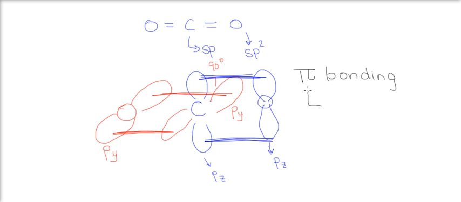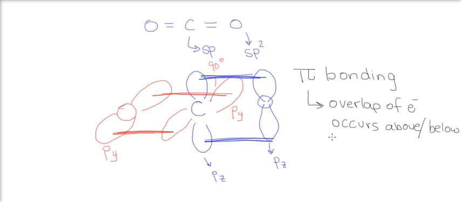And this happens, or this is called pi bonding, whenever the overlap of the electrons occurs above and below the axis connecting the nuclei.